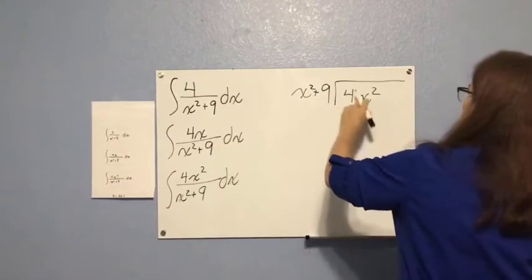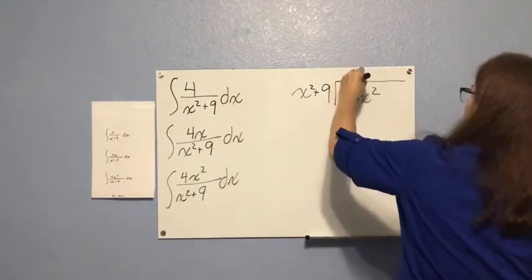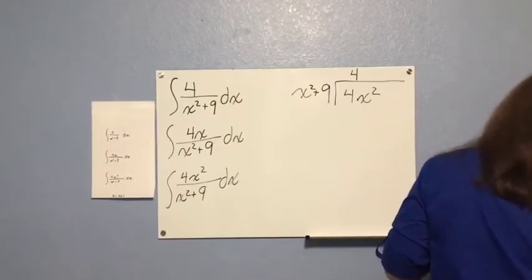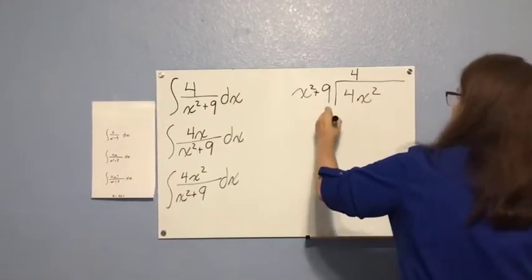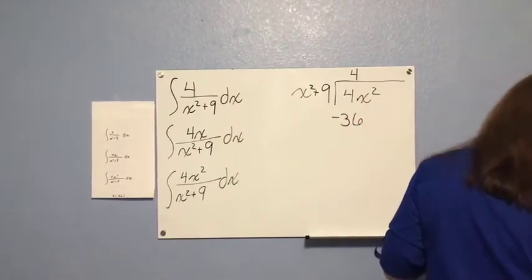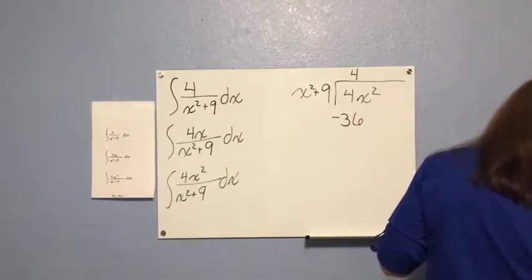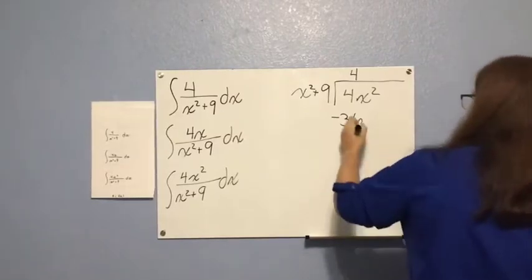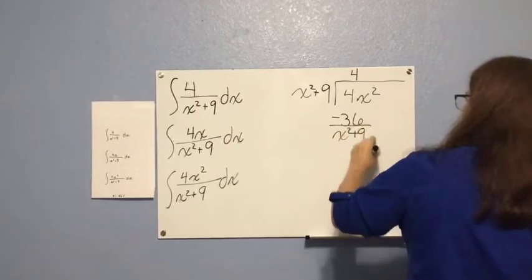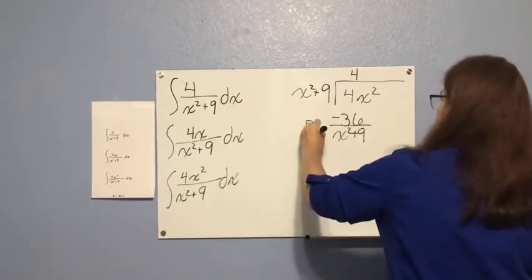We know that x squared goes into 4x squared just 4 times. And then our remainder is going to be negative 36 over x squared plus 9. This is our remainder.